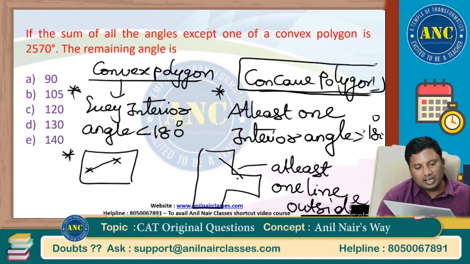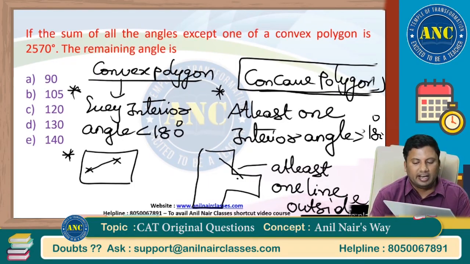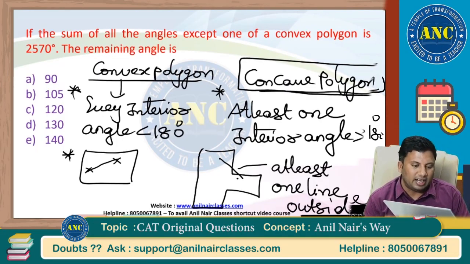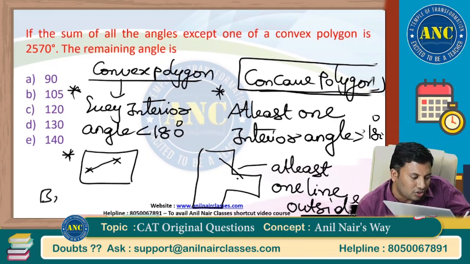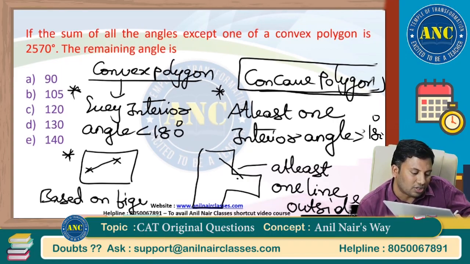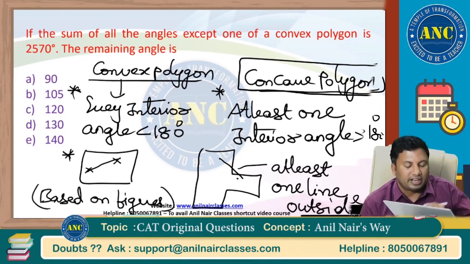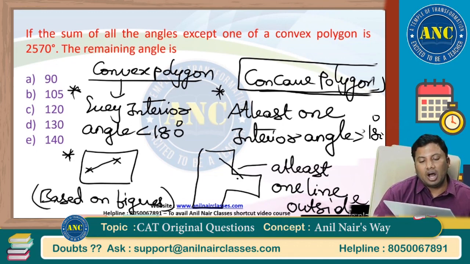I hope it is clear. Convex polygon: every interior angle is less than 180 degrees. Concave polygon: at least one interior angle is greater than 180 degrees. Based on figures also you can tell whether it is a convex polygon or a concave polygon.